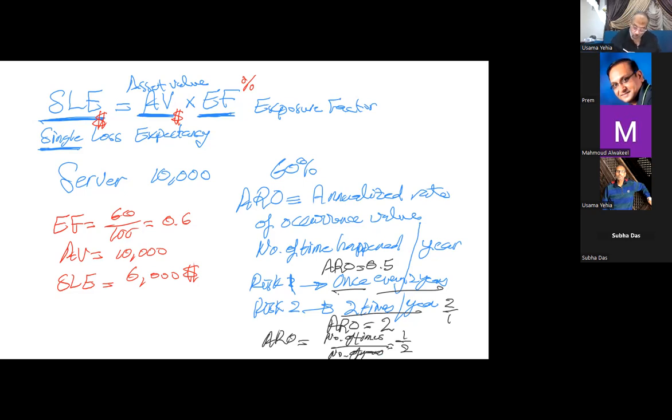Then, if we mention that the ARO in our example here is 3 times every 4 years, then how much is the ARO?